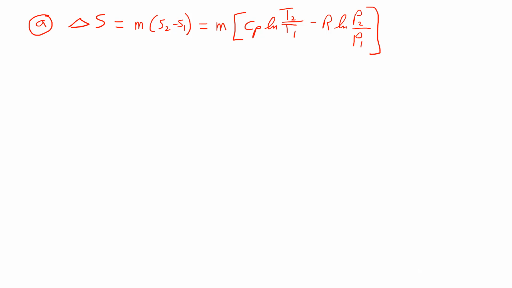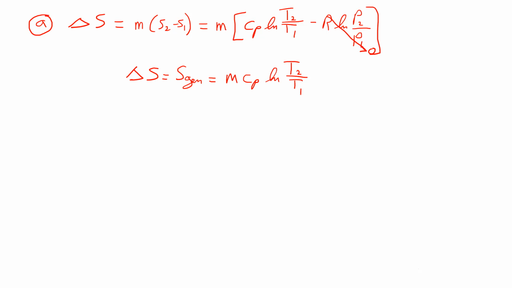Now, this process happens to be at constant pressure, so this term goes to 0, since P2 is equal to P1 and the natural log of 1 is 0. So I find that the change in entropy, which again happens to be Sgen, equals mass times Cp natural log T2 over T1.